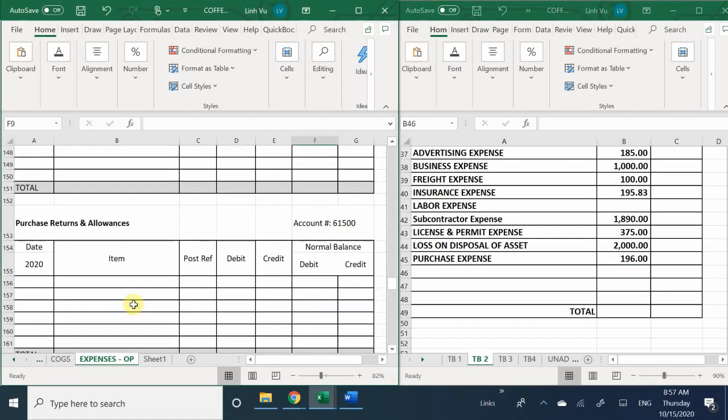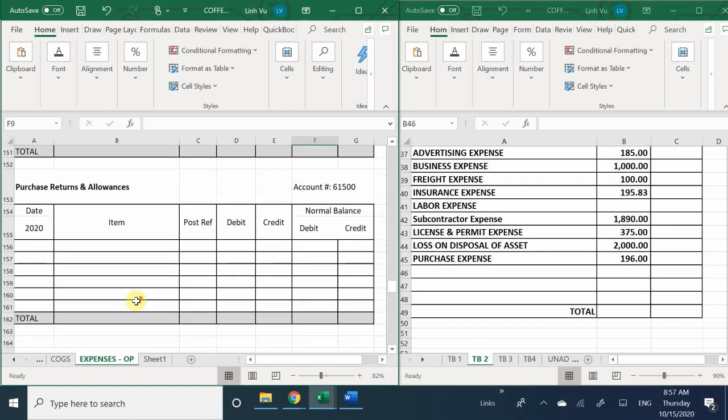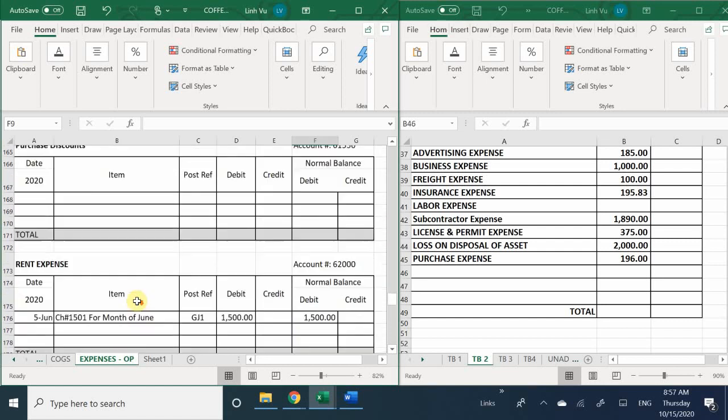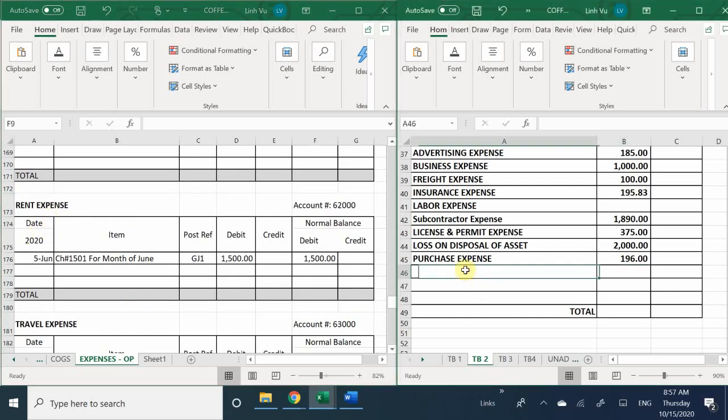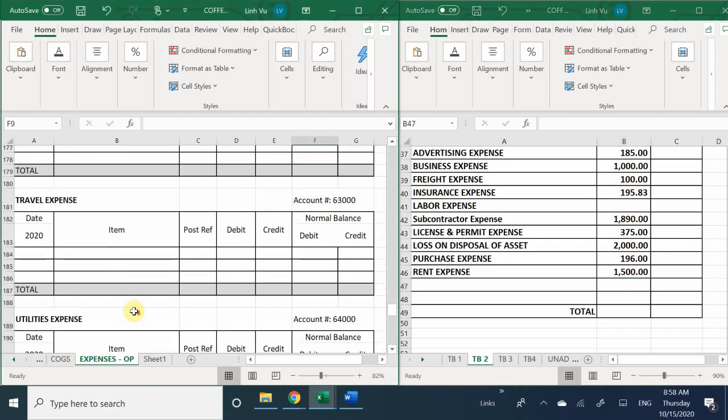All right. Other things in that are purchase returns and allowances, purchase discounts, which we have not incurred. And then lastly, we have rent expense for the 1,500. All right, and I'm just going to scroll down. Did we have travel expenses?